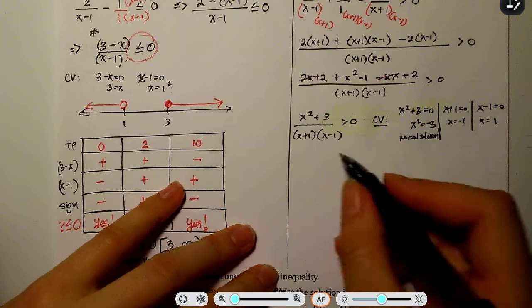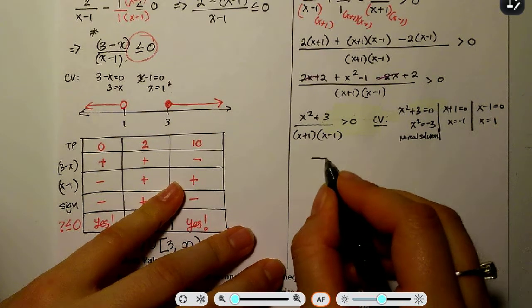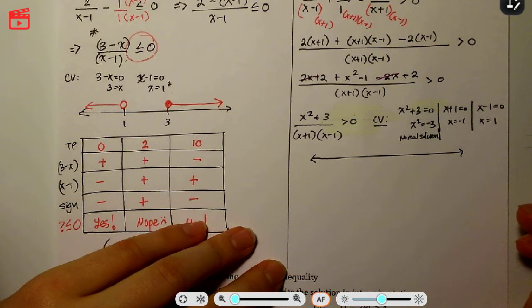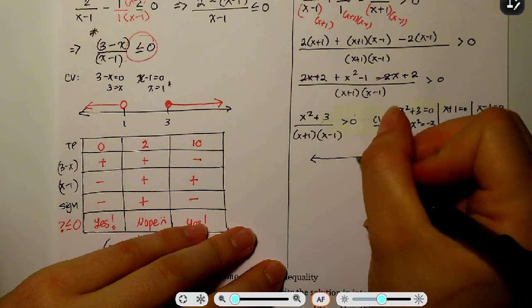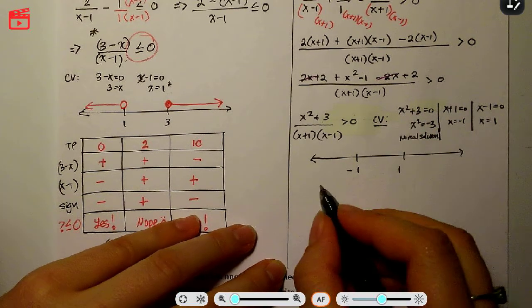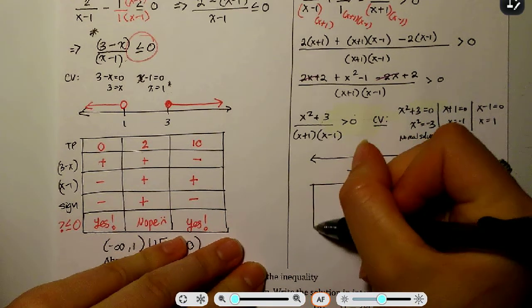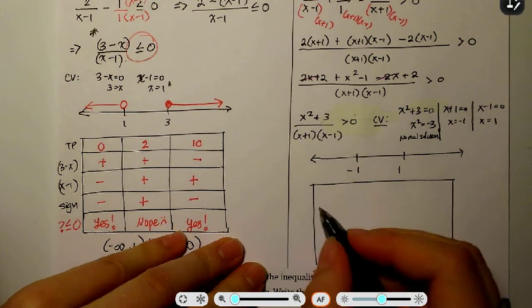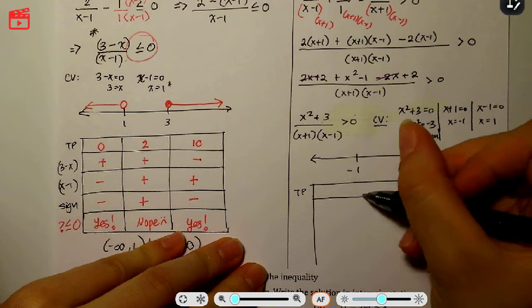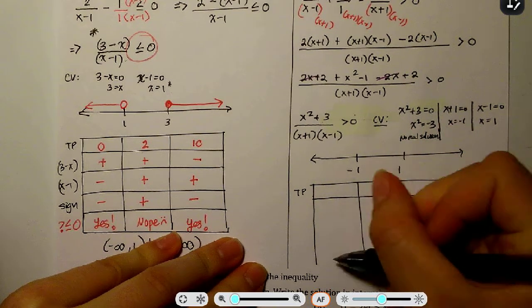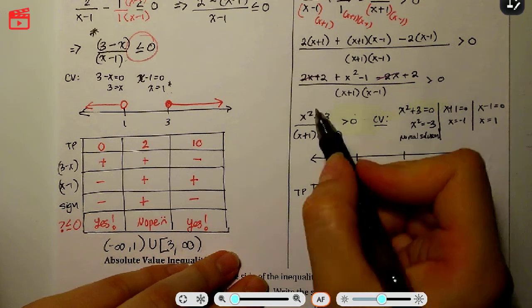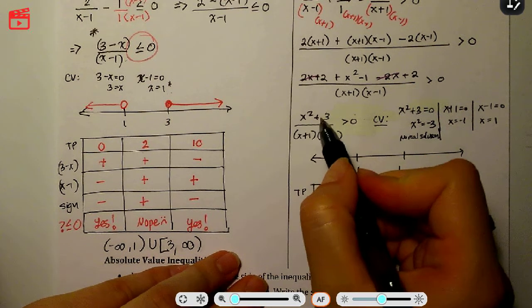And there we go. So I'm going to go ahead and plot our points, -1 and 1. Test point. And we could include the x squared plus 3 if we want to.